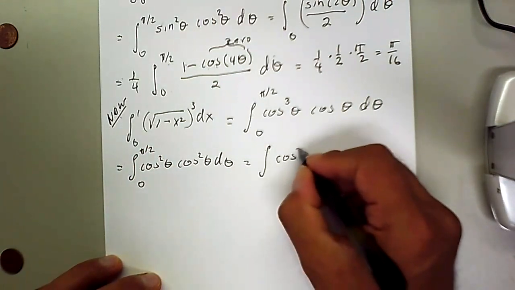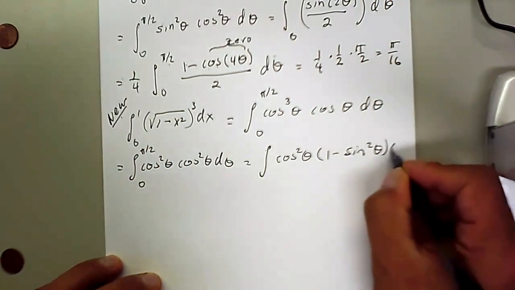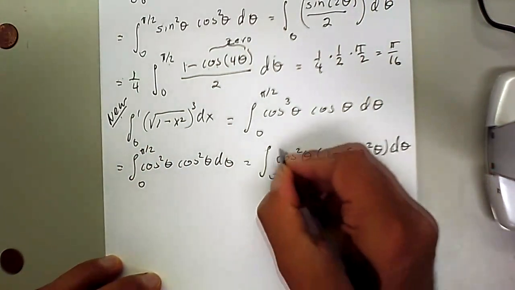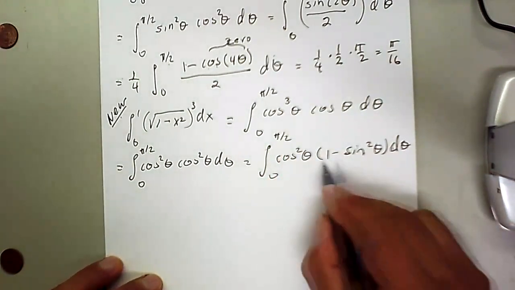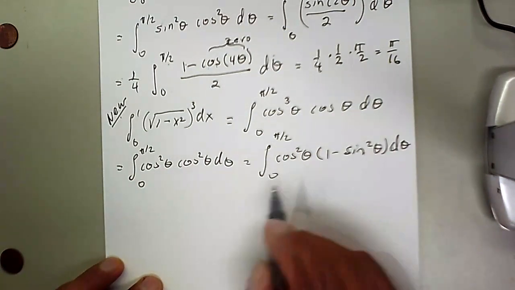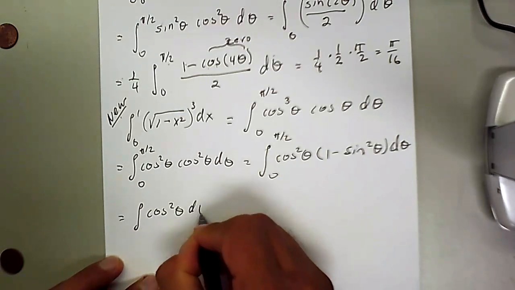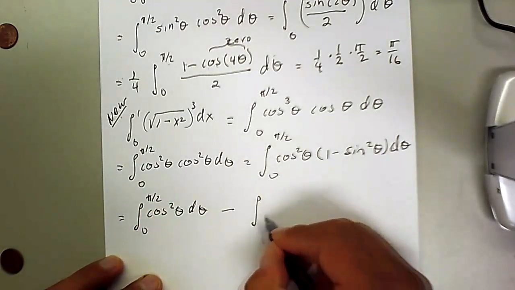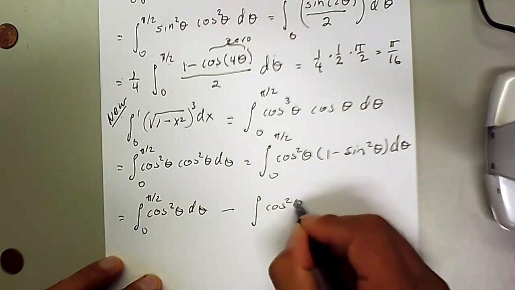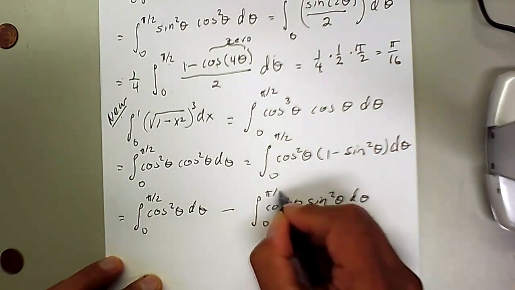So we got cosine squared theta, quantity 1 minus sine squared theta, d theta from 0 to pi over 2. And then we can split that into two integrals, the integral of cosine squared theta d theta from 0 to pi over 2 minus the integral of cosine squared theta sine squared theta d theta from 0 to pi over 2.